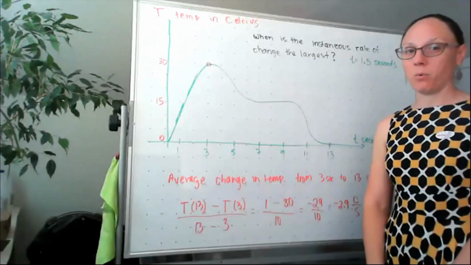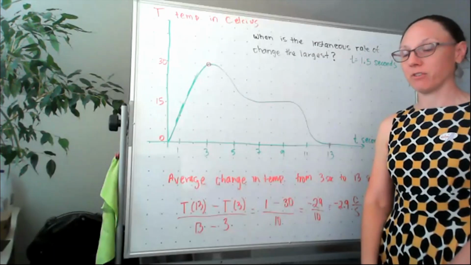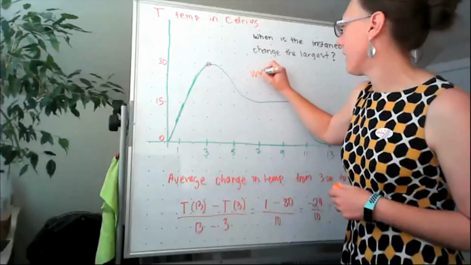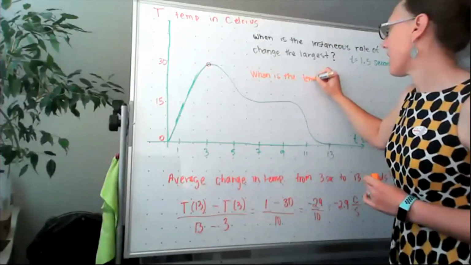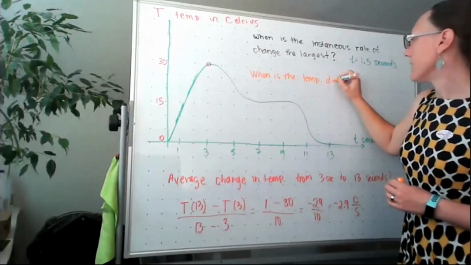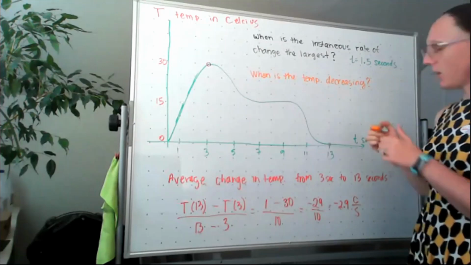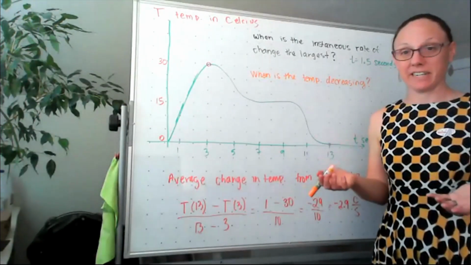At what point does the temperature start decreasing for the first time? So when is the temperature decreasing? Well, that's not exactly an instantaneous rate of change problem, but it kind of is, right?